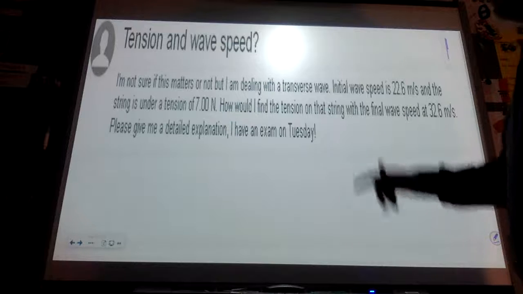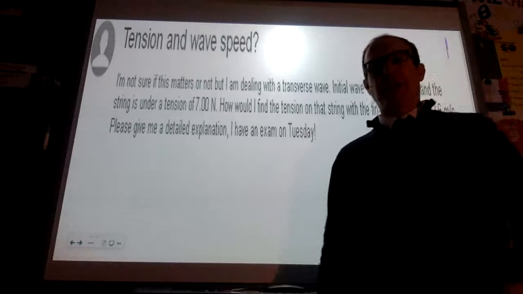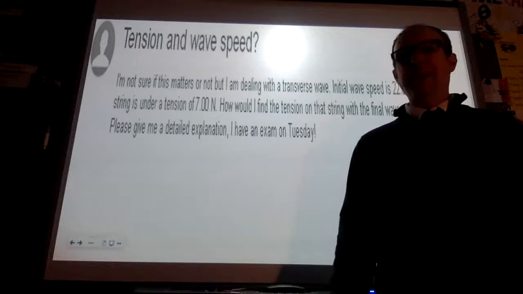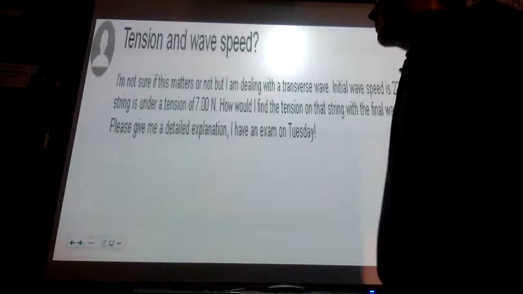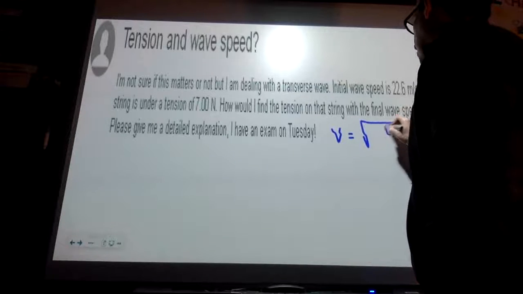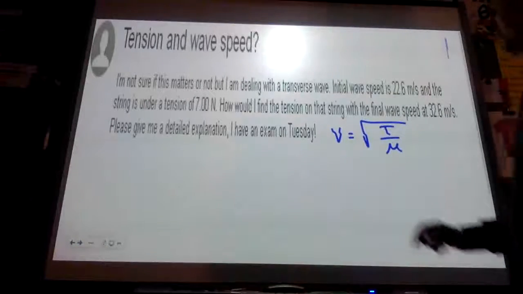All right, so I can find out what our linear mass density is. For the most part, that's not going to change. And I realize, as you stretch it, it's going to get a little bit longer. But we're going to say that it's probably pretty constant. And so I know that my velocity is equal to the square root of T over mu. I'd like to get mu by itself.